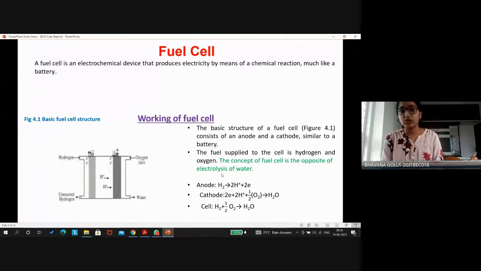The oxygen bonds, O2, are broken up into oxygen atoms, and they acquire the electrons and become negatively charged. As they are negatively charged, the hydrogen ions, essentially protons, combine with the oxygen to form water. So the overall cell reaction is H2 plus half O2 gives water.